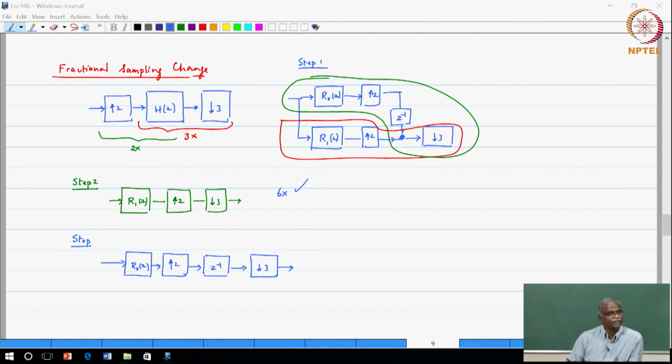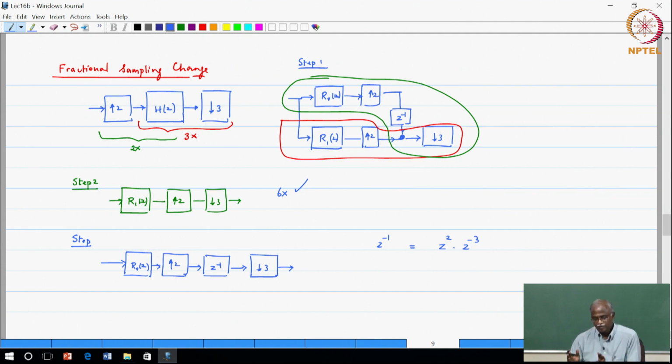Now, is there any way to simplify? I want a factor of 6 gain, which means that the downsampling by a factor of 3 must move all the way to the left. Upsample by 6, but then you have downsample by 3, Z inverse, downsample by 3, that will not help. Okay, think about this, Z inverse is the same as Z squared times Z power minus 3.